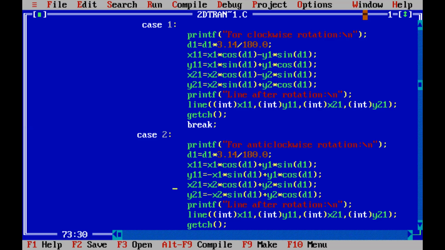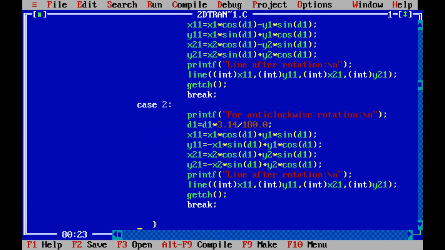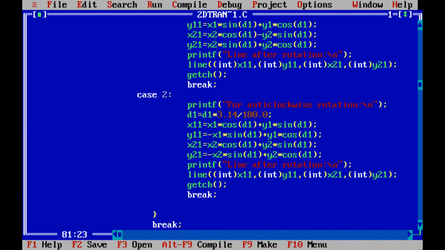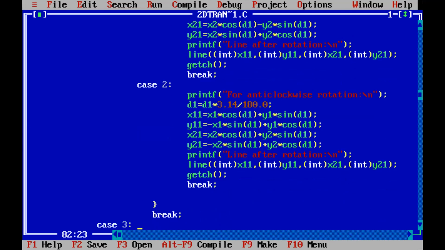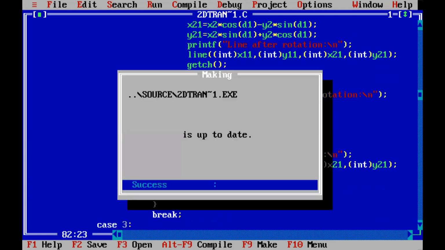Okay. Once case 1 and case 2 are over, the next part is simply to break the inner switch case as well as the outer switch case. So let us compile and run this code.